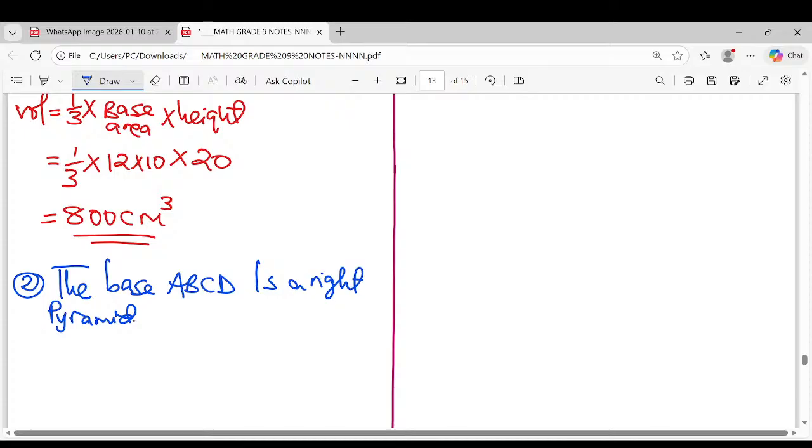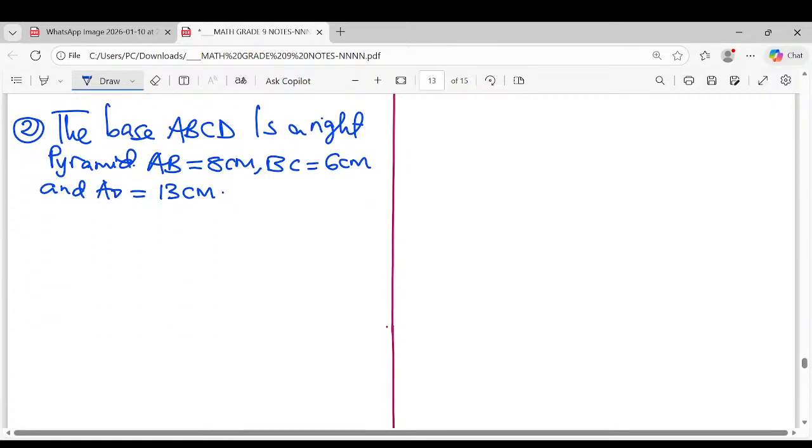Then you're told that AB is equal to 8 centimeters, BC is equal to 6 centimeters, and AO is equivalent to 13 centimeters. You have such a statement.